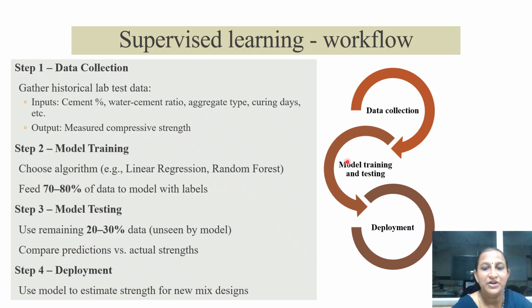Based on the accuracy of the model, we'll decide whether the model is able to predict the compressive strength with higher accuracy or not. After model training and testing, it will be deployed and the model will be used to estimate the compressive strength for a new mix design.